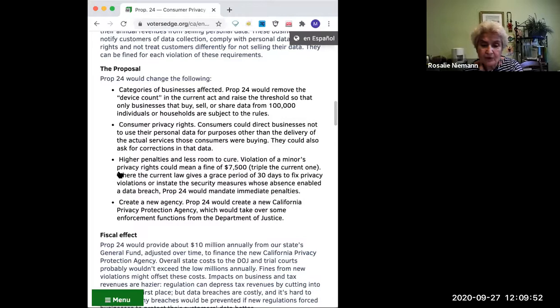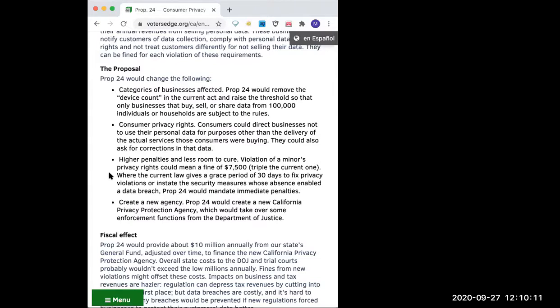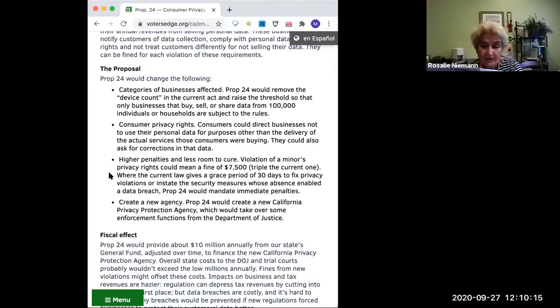The proposal would change to higher penalties and less room for cure. Violation of a minor's privacy rights would mean a fine of $7,500, triple the current one. And where the current law gives a grace period of 30 days to fix privacy violations, Prop 24 would mandate immediate penalties.